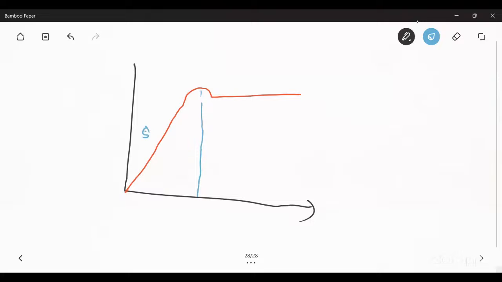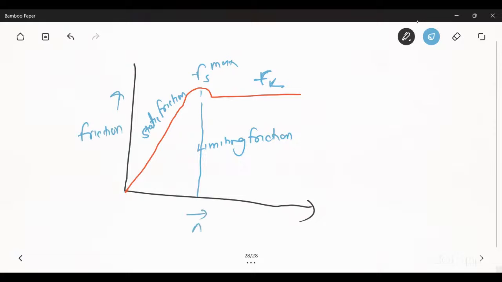This is the maximum limiting value, and this is the kinetic friction. That was your friction against the applied force, right? So the limiting friction will be the maximum friction. Static friction is always less than limiting friction, and kinetic friction too is always less than limiting friction. Okay.